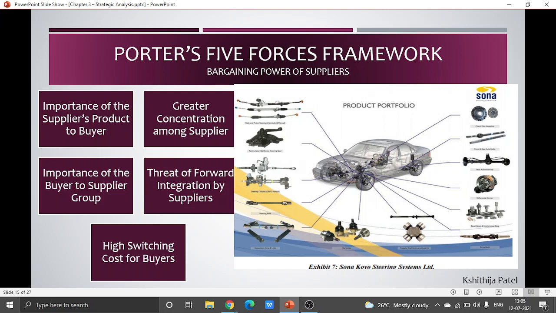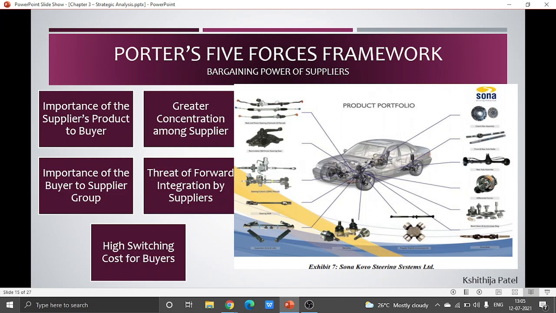That is to say, the supplier's decisions on prices, quality of products and services, and payment and delivery terms are the various factors that influence the buyer's profit potential and in turn determine the profit trends of an industry.